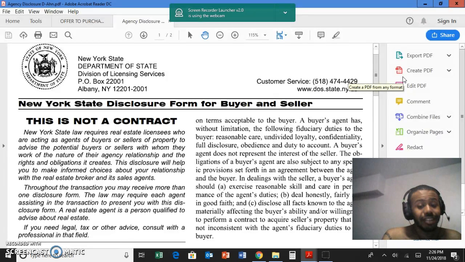The obligations of a buyer's agent are also subject to any specific provisions set forth in an agreement between the agent and the buyer.